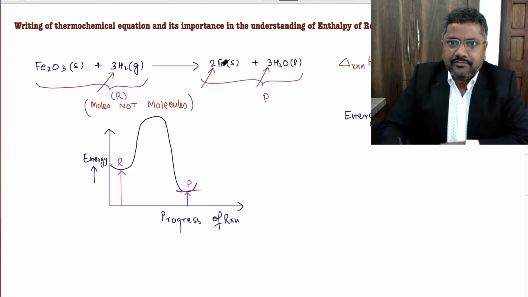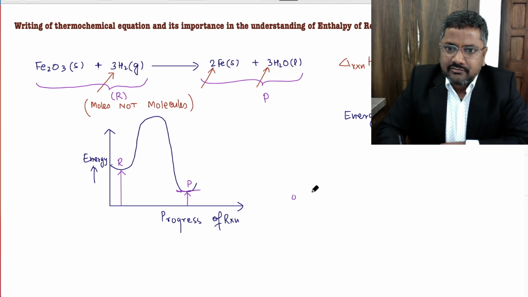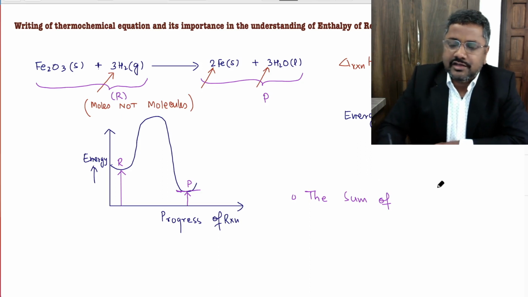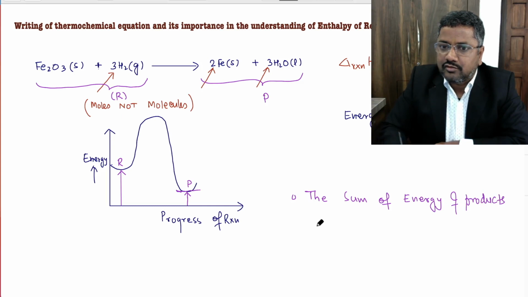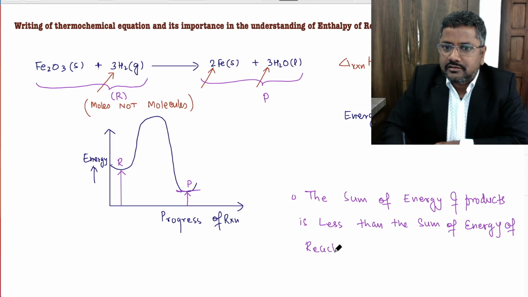So another meaning of such representation is that the sum of energy of products is less than the sum of energy of reactants. Clear to everybody?